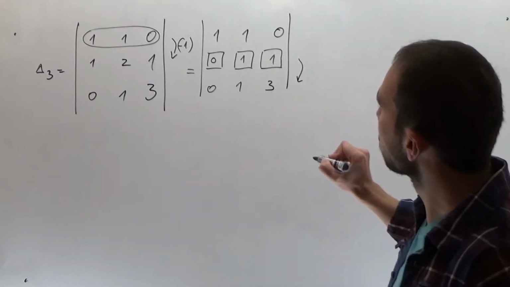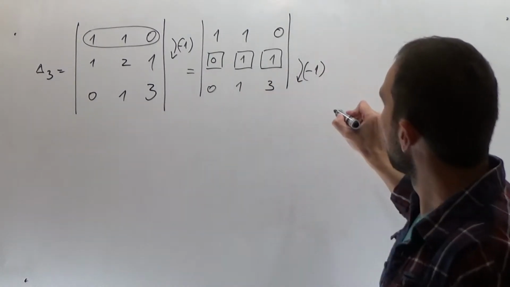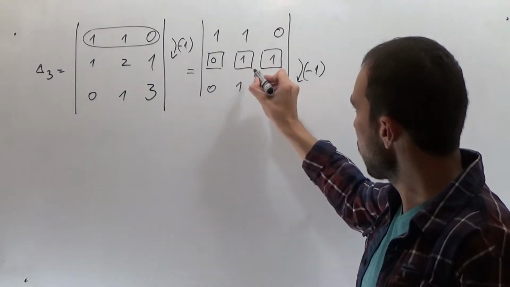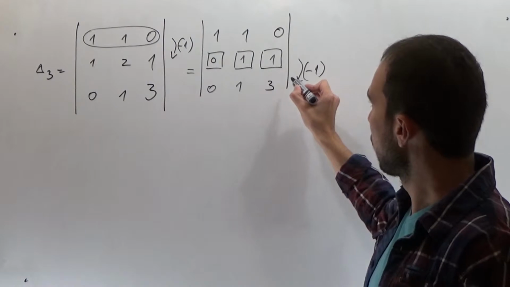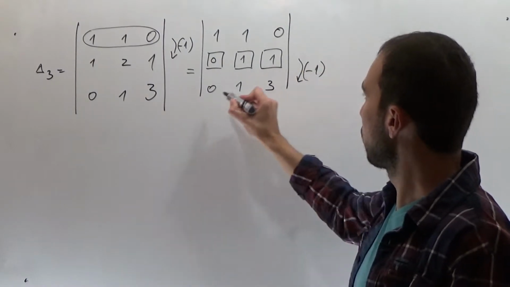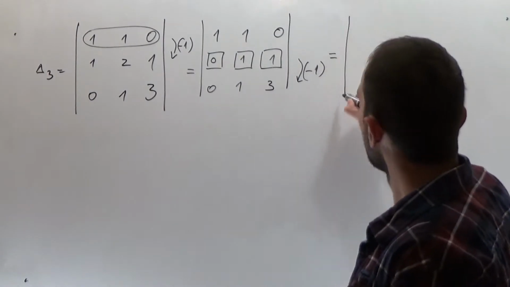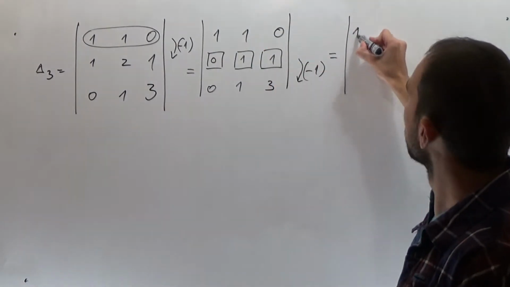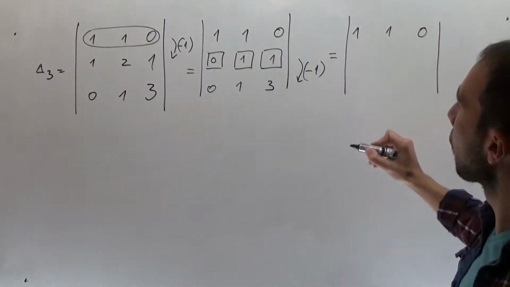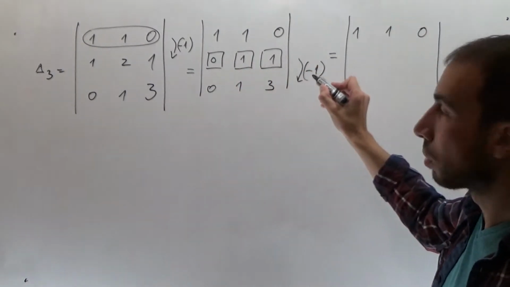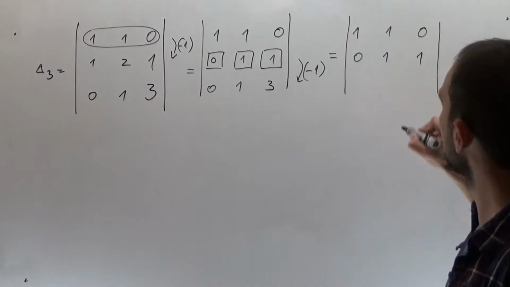Here, I will multiply the second row by -1, and I will add this second row to the third row. Okay? First row isn't changed. Second row is also unchanged.